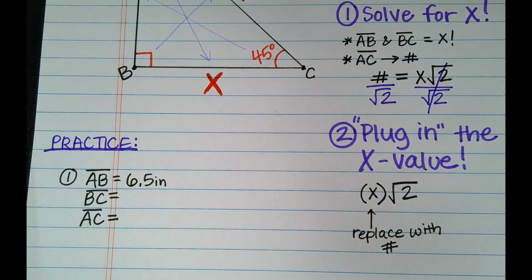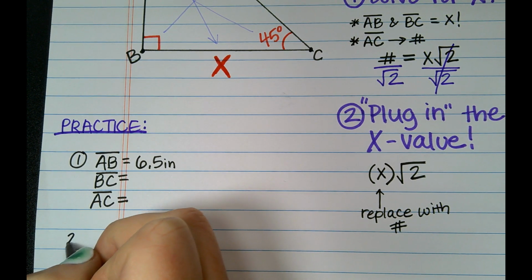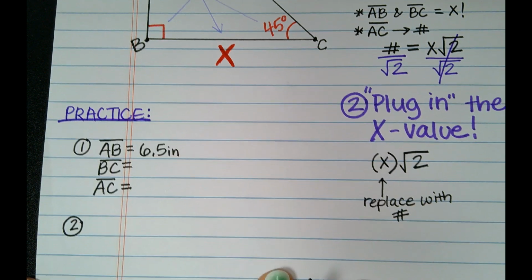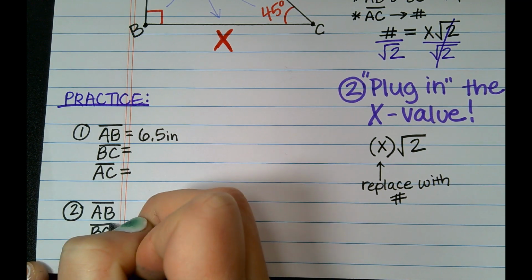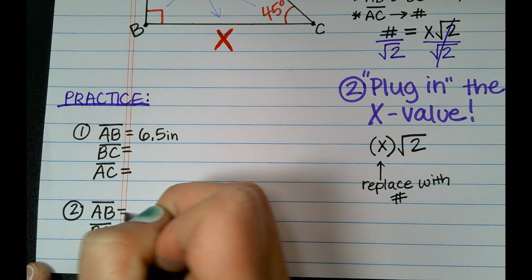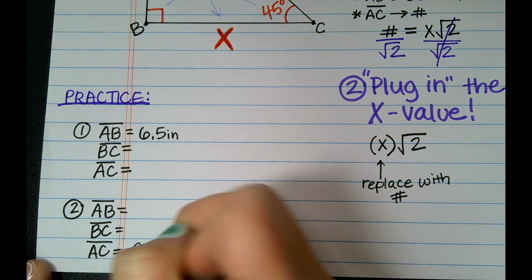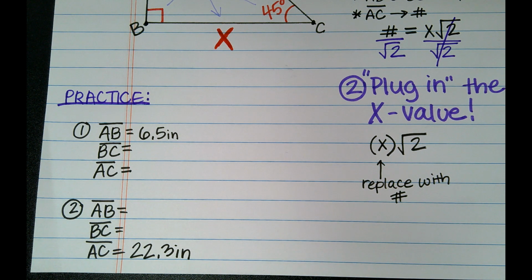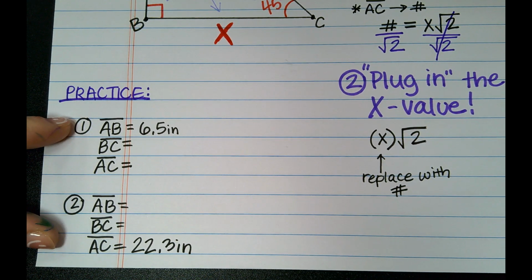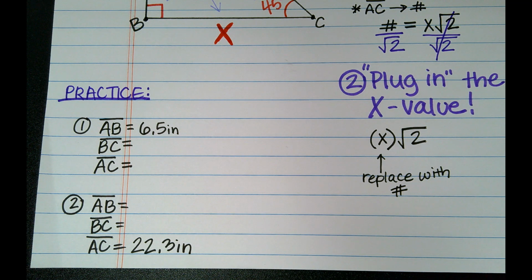You can solve for the other 2 sides. Second problem, I'll give you 2.3 inches. So there are 2 practice problems where we are going to solve for all the missing sides using a 45, 45, 90 triangle.